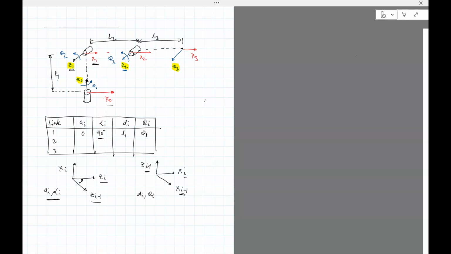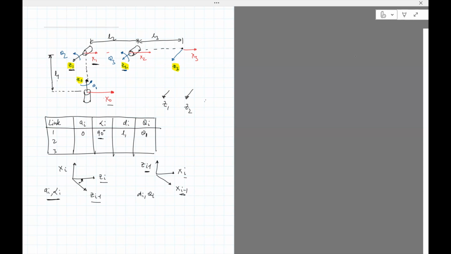So I put i equals 2 to get A2 and alpha 2. So we need the distance and angle between Z1 and Z2 along X2. So Z1 is here, Z2 is here, and X2.